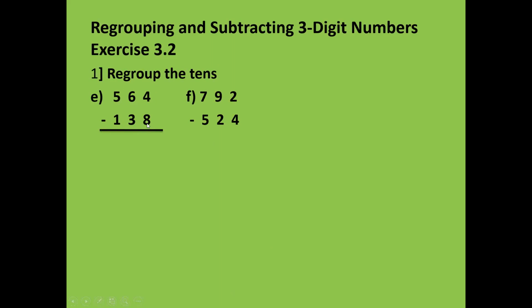When we start to subtract, we start from the ones place. But look here, this 8 and 4, we cannot subtract 8 from 4. Because of that, we regroup from the hundreds place to the tens place. We borrow 1 from 6. So 6 will be 5 and 4 will be 14. Now you can subtract 8 from 14.